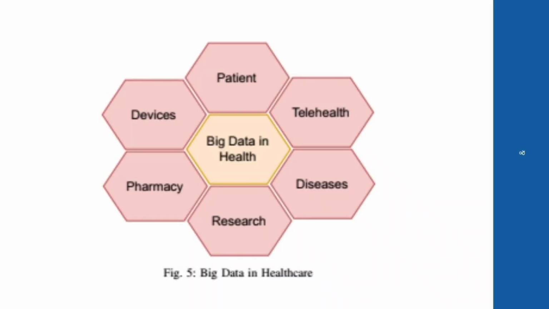But in this figure, I visualized the categorizations of big data in healthcare, in education, in smart cities, in vehicles, etc. For example, in big data and health, we discuss the patients' data, the telehealth data, the data related to diseases, the data used for research, the data used for pharmacy, and definitely the data generated and used by the Internet of Medical Things.